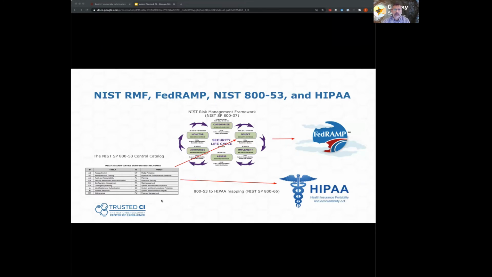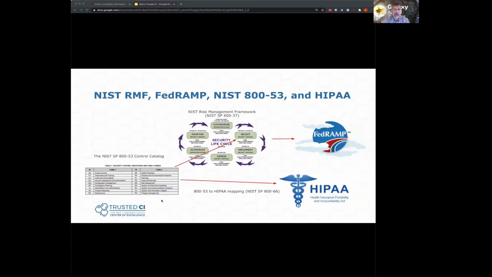And the connection, as I mentioned earlier when I talked about why we chose this approach, is that HIPAA is a set of controls which easily map to the large 800-53 catalog. Therefore, if you follow the 800-53 catalog or use those controls, then you can map HIPAA to NIST. And that way you can handle HIPAA as well as other compliance regimes.